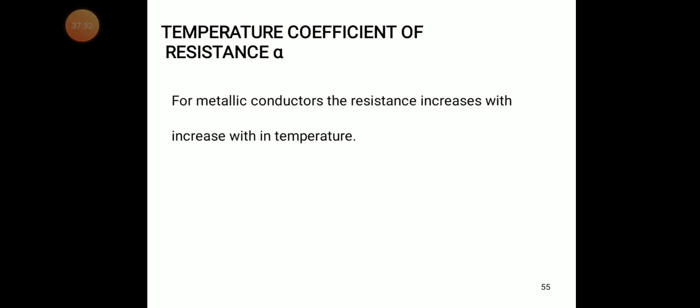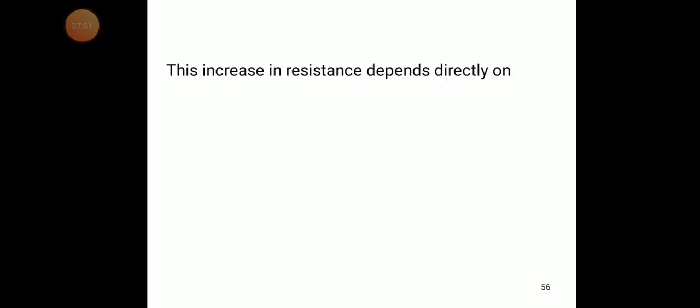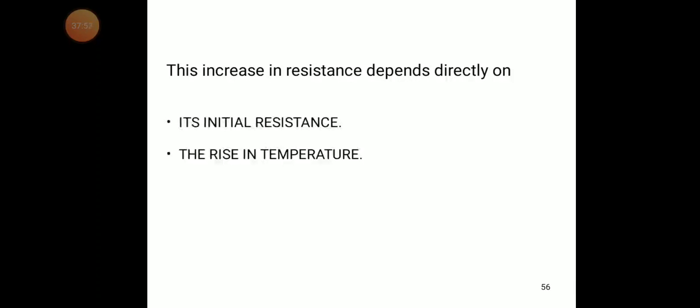So now we are going to discuss the temperature coefficient of resistance. For metallic conductors, the resistance increases with increasing temperature. This increase in resistance depends directly on its initial resistance, the rise in the temperature, and the nature of the material.